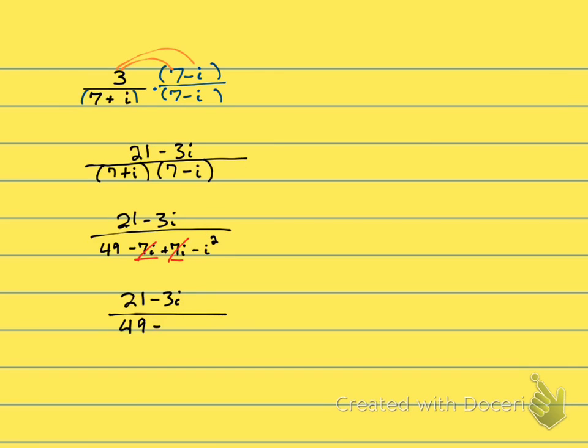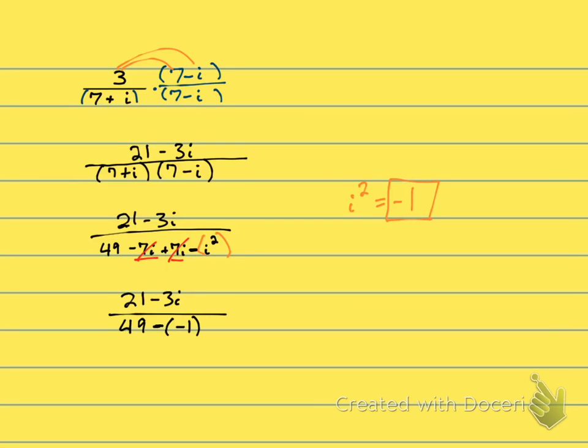Now remember, by definition, I squared is negative 1. If you square that imaginary, it goes from the imaginary back to the real numbers. So I squared is negative 1. Now it's very important to understand that this is a minus I squared, so it's minus negative 1.